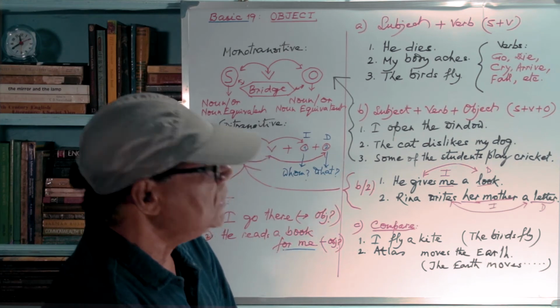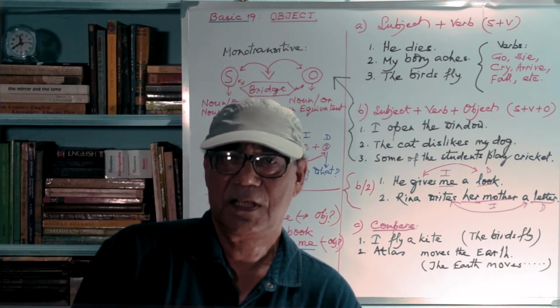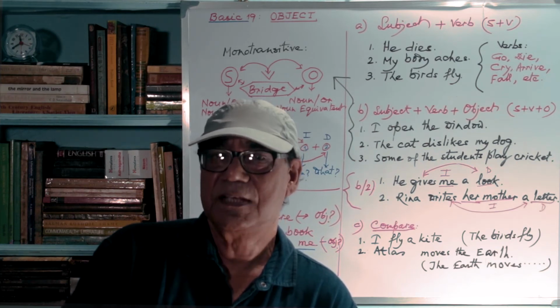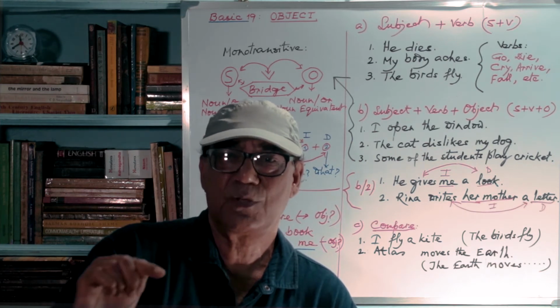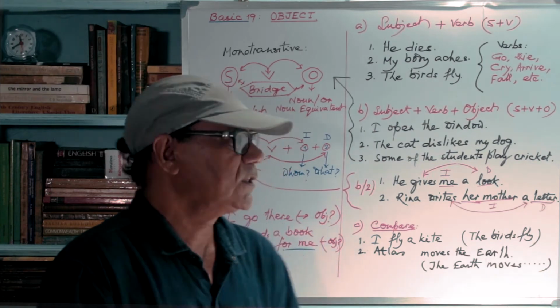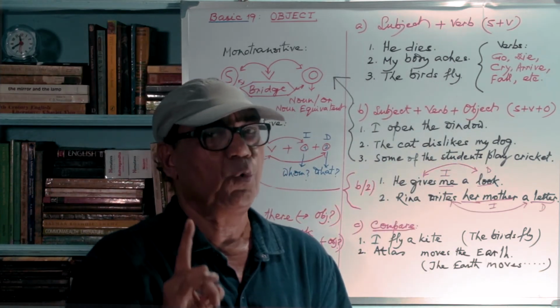Now some of the students play cricket, some of the students, a little longer subject, but they play cricket. That means the action of the verb play is directed towards bat and ball. So this is called object. Now in these three sentences there is only one object.